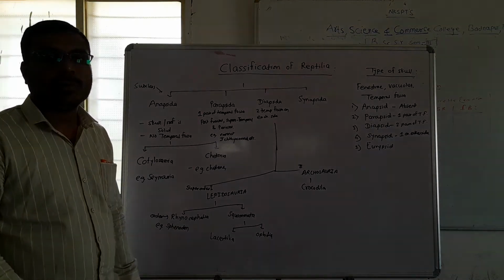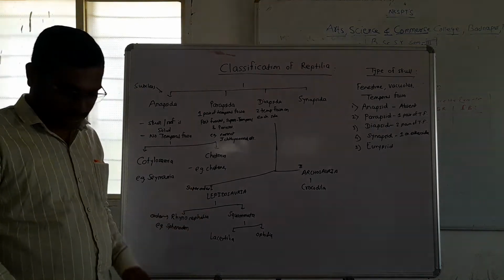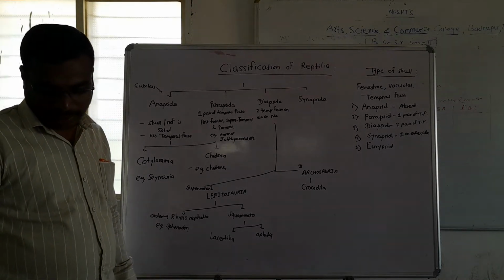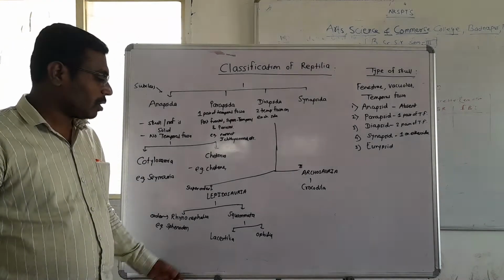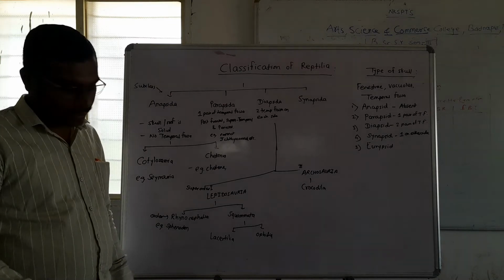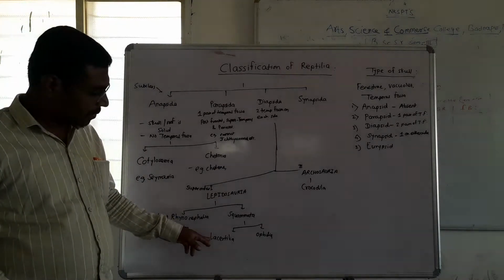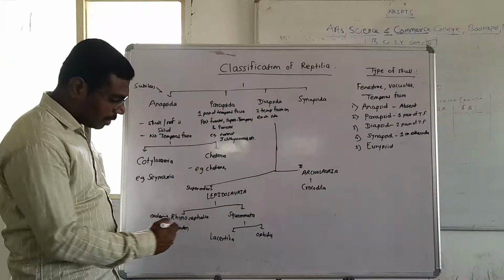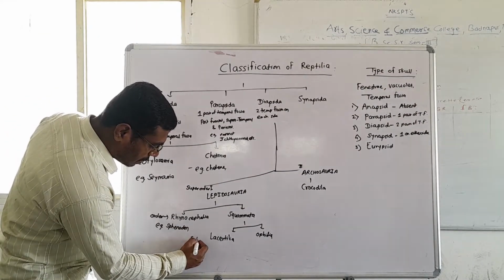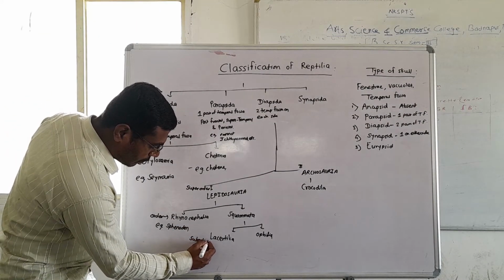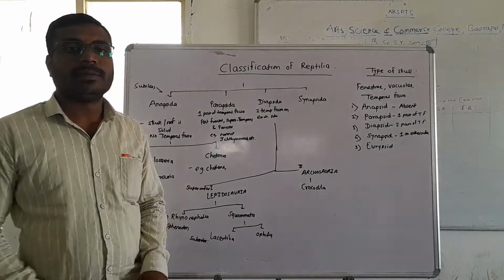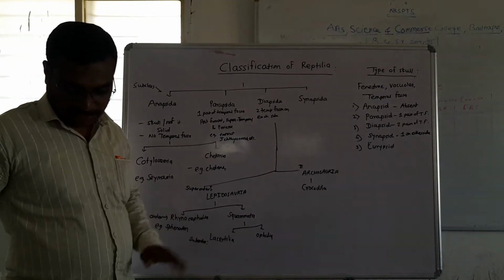They have pleurodont type teeth, if present. The quadrate is movable. Limbs may be present or absent. In suborder Lacertilia limbs are present, and in Ophidia limbs are degenerate.